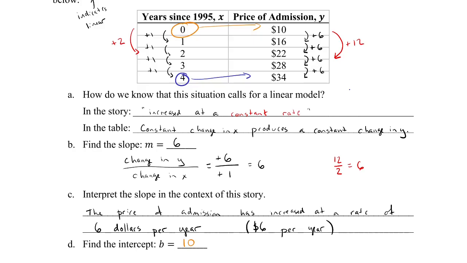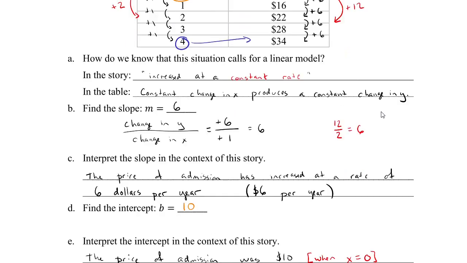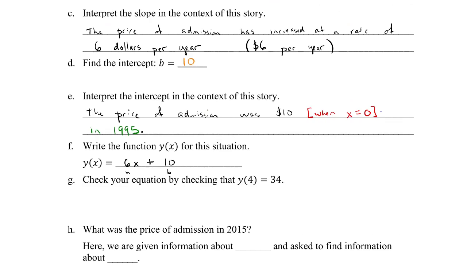So if we have the wrong equation, we're not going to match at that last row. So y of 4, that's 6 times 4 plus 10. 6 times 4 is 24, plus 10 is indeed 34. Okay.